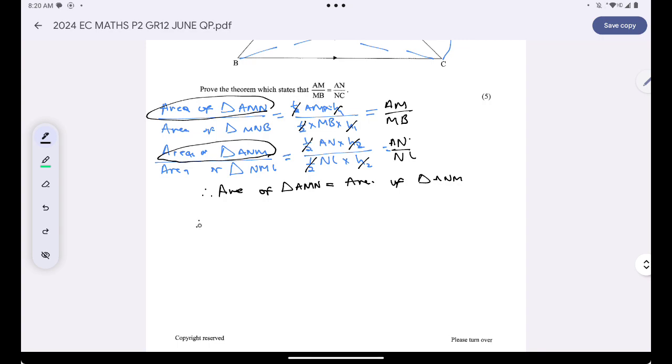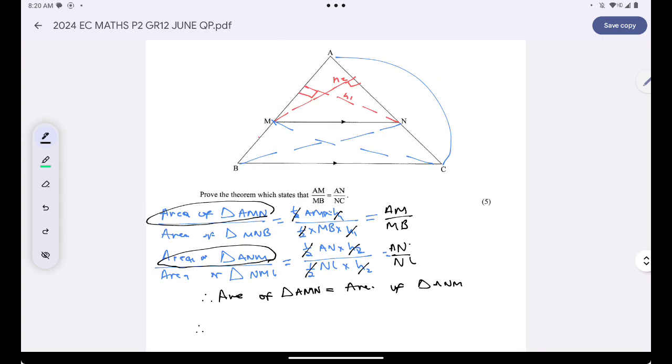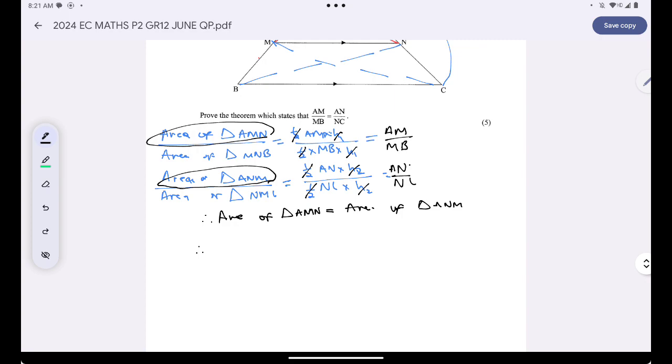And we know that the quotient of the triangles between parallel lines is always equal to 1. So it simply means the area of triangle MNB divided by the area of triangle NMC is always equal to 1, because these are areas between parallel lines.